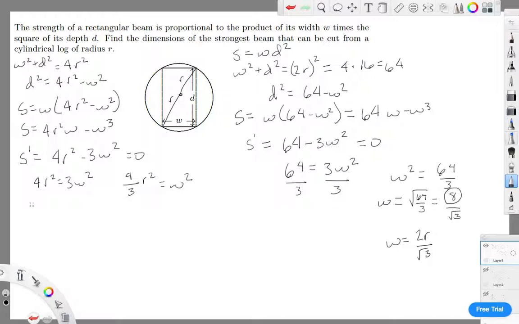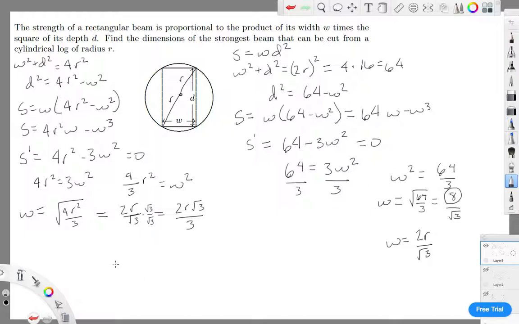And then take the square root. We get w is equal to square root of 4r squared over 3. Simplify. We get 2r on top and root 3 on the bottom. And then some teachers will make you say something like 2r root 3 over 3. Just multiply by root 3 over root 3. Right? Not always the most important thing, but some teachers will require that. Okay, so we got the same answer here, right?